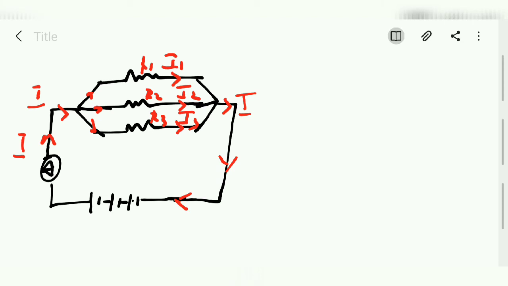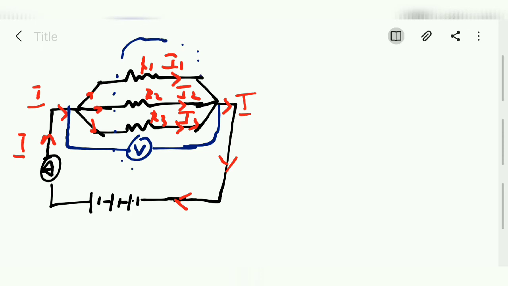Now for this we are connecting a voltmeter to check the voltage. Now if you look at the circuit, you should come to know the voltage is constant, right? Throughout the circuit the voltage is constant, but whereas I is changing.